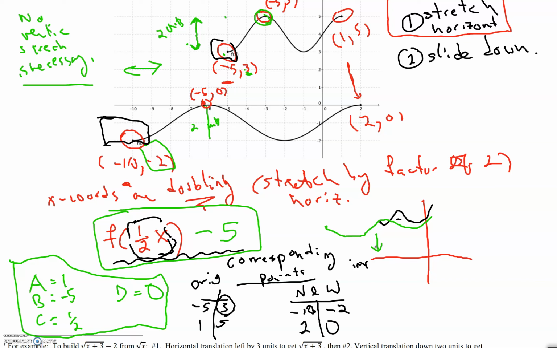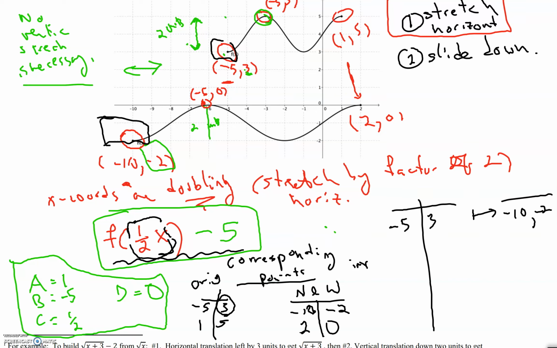You could even do this in the reverse order and start with what you wanted your corresponding points to be, and then develop the function from that. So you could say, I want -5, 3 to go to the point -10, -2, and then figure out what your corresponding x and y transformations have to be in order to accomplish that.